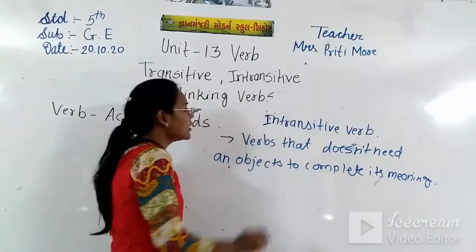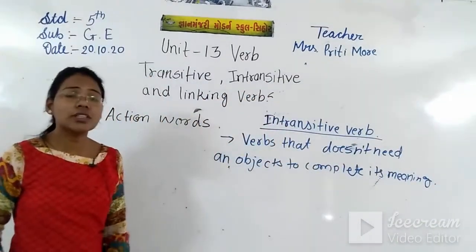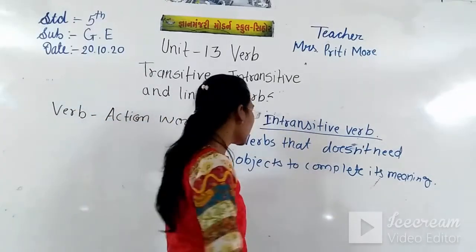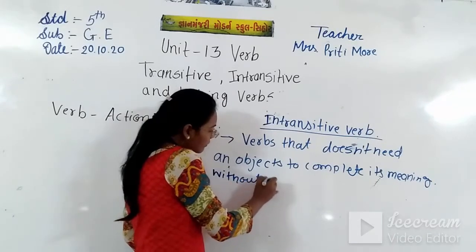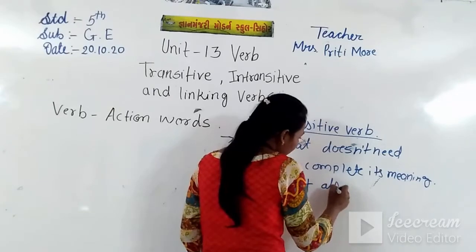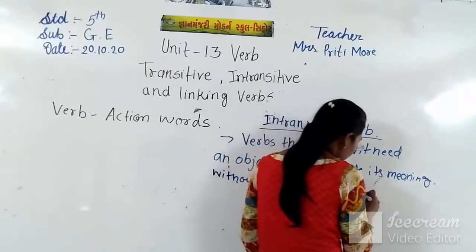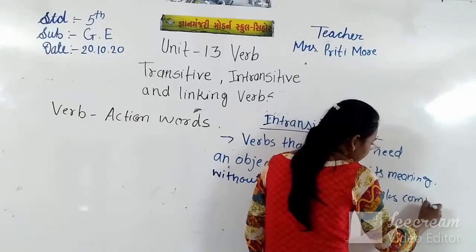It's called intransitive verb. Intransitive verb में ऑब्जेक्ट की ज़रूरत नहीं होती है. विदाउट ऑब्जेक्ट ऑल्सो, without object also it looks completed.